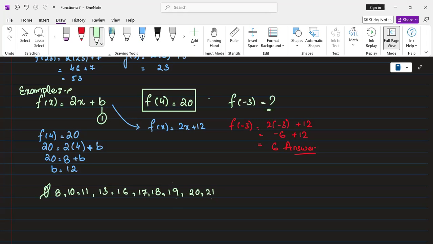So try to solve these questions, like 4, 8, 10. There are 10 questions that you can solve from these concepts. So solve quickly. If you are unable to solve any of the questions, just leave it and move forward. Afterwards, I'm going to simply explain all the questions that are unsolved. Okay. Try to attempt all these questions.